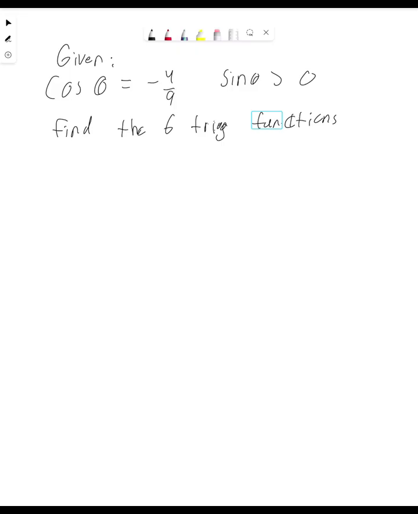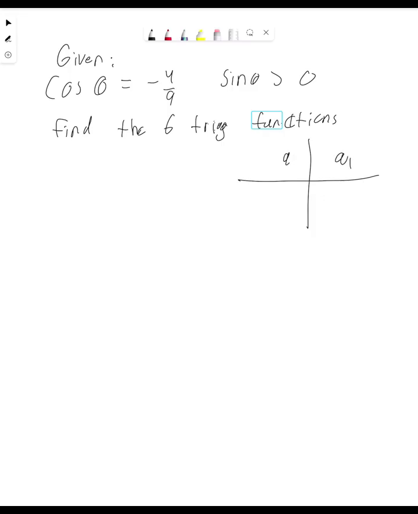Cosine is the x value of the terminal point. It's always two terminal points, x and y. It's the x value of the terminal point of theta. Okay, so if cosine of theta equals negative 4/9, and sine is greater than 0, when is sine greater than 0?